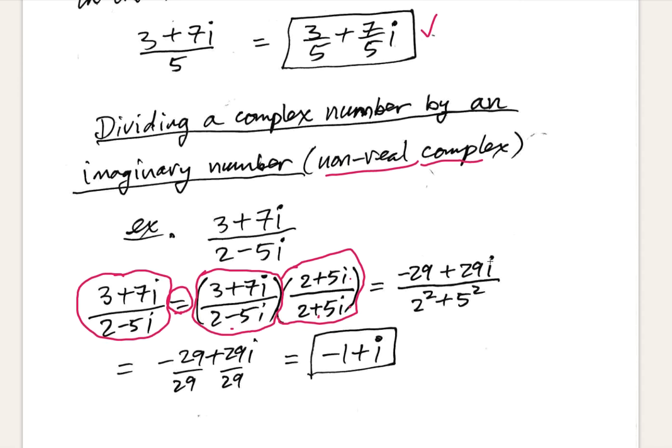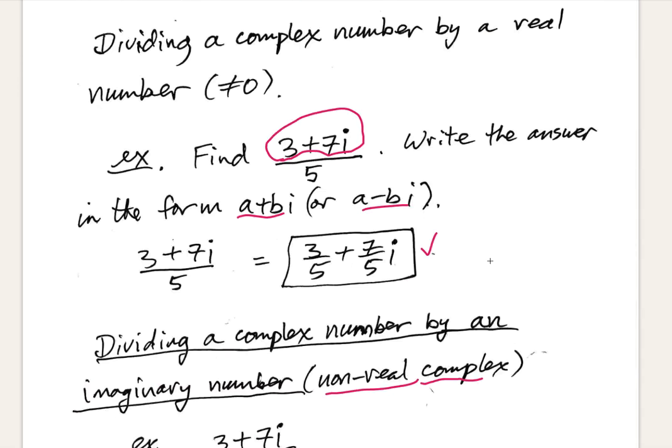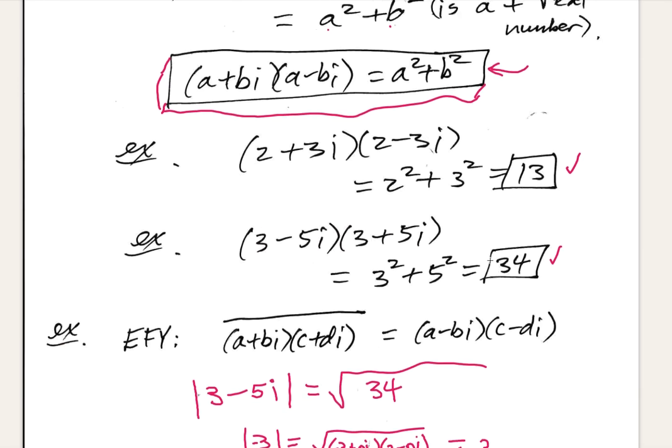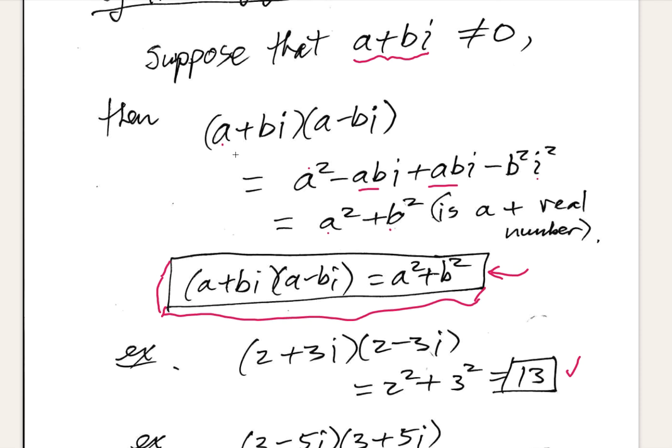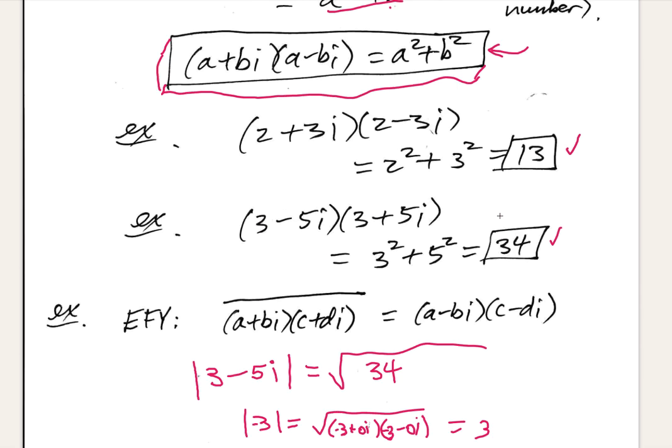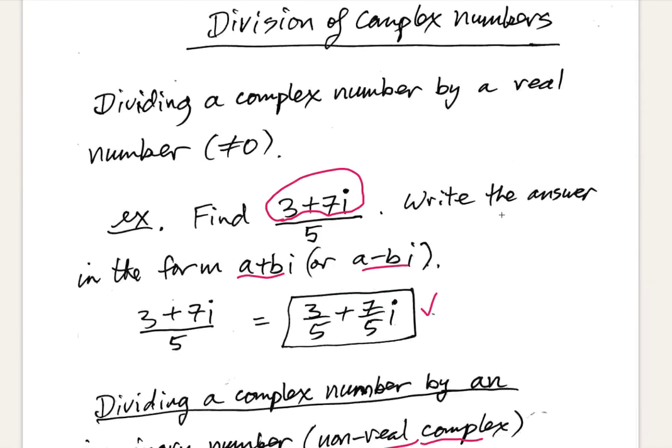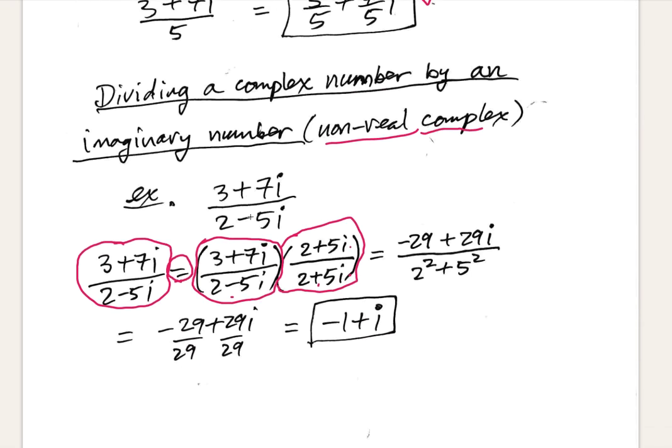Remember that we showed previously that a complex number times its conjugate gives you the sum of the squares of two real numbers, which, if they're not zero, is a positive real number. And if I'm dividing by a positive real number, it looks like this case just right above. Okay? Alrighty, so this is what we're doing.